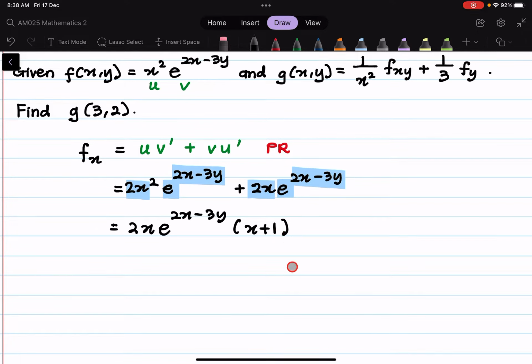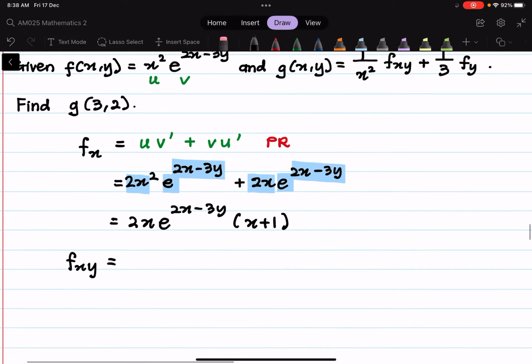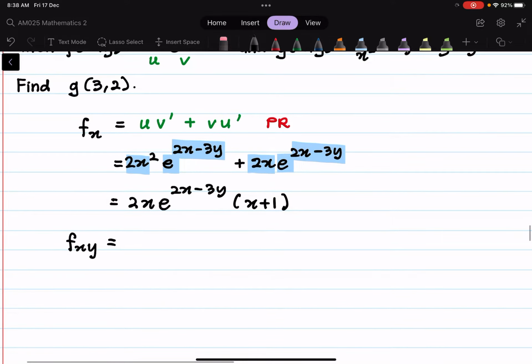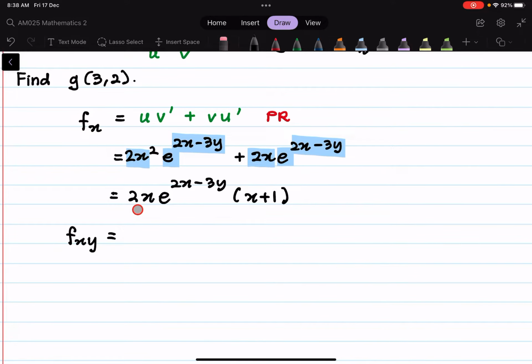So let us differentiate our f sub x with respect to y. If you can see here, this 2x(x + 1) is going to be a constant. So I'm going to write this 2x(x + 1) in front. All we have to do is differentiate e^(2x - 3y) with respect to y, because there are only y terms in this function.